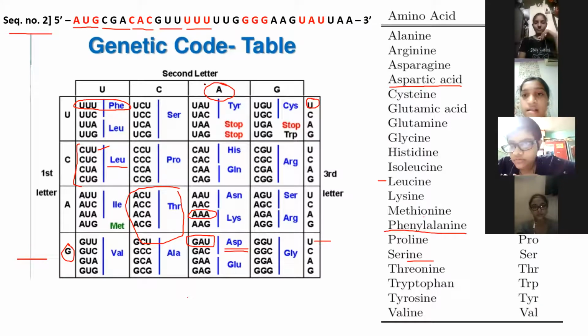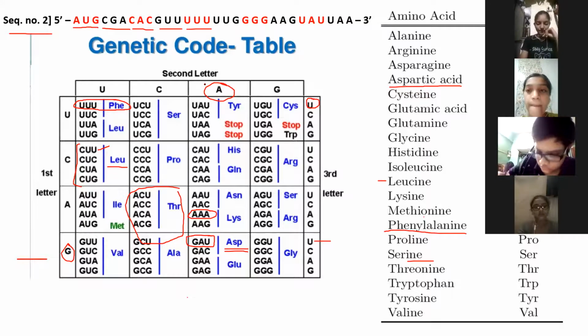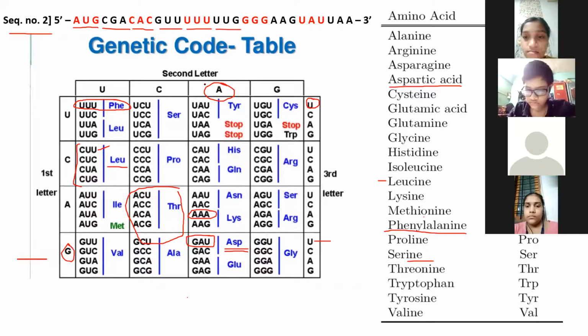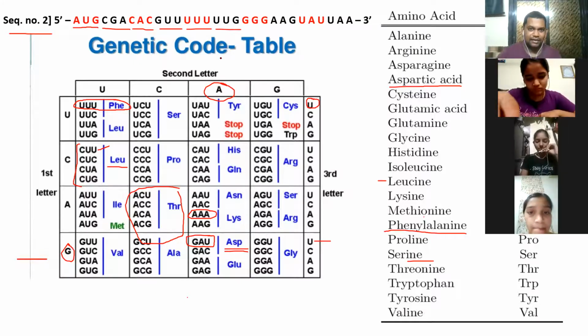Phenylalanine. Okay. Shivganga, UUG. Leucine. Very good. Then who is left? Anybody? G, what is it? Glycine. Correct. What is this, AAG?